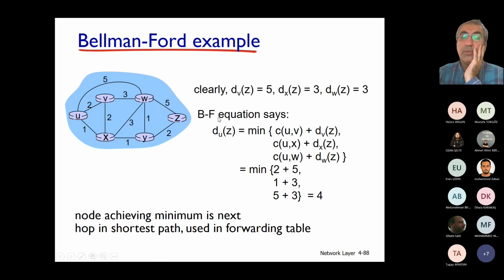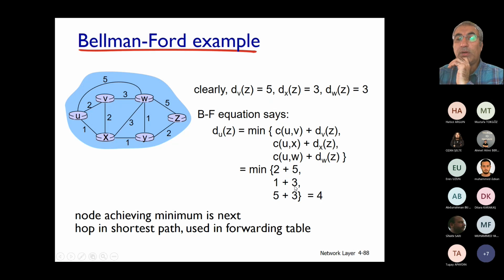Okay, let's put these values together. The cost of the first neighbor v, c(u,v), is 2 plus the distance from v to z, which is given to be 5. So 2 plus 5. The second neighbor is x, and c(u,x) is 1 plus the minimum distance vector from x to z, which is 3, that is 1 plus 2 through y, right?